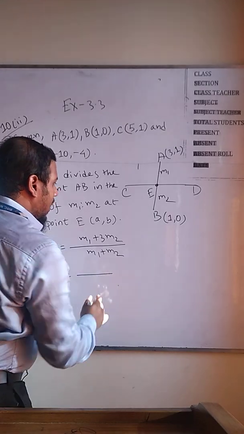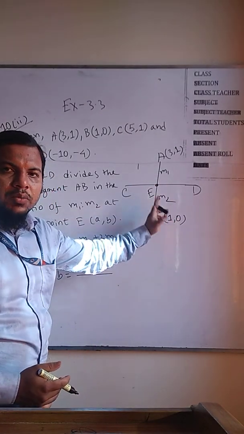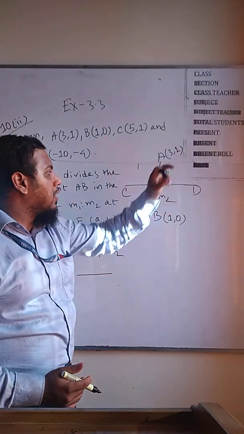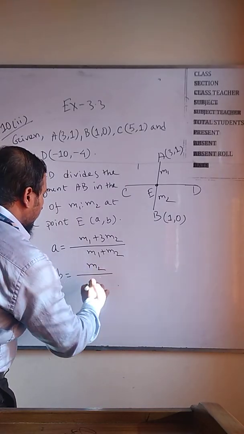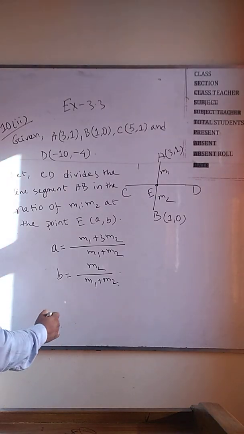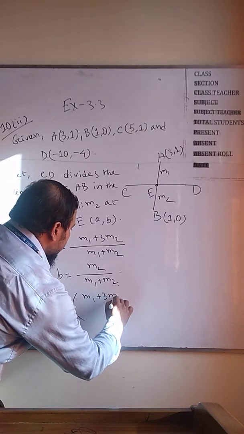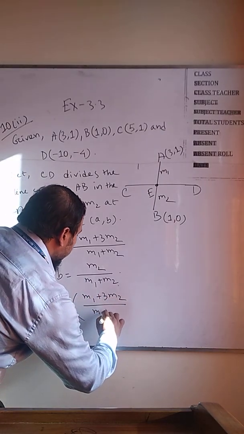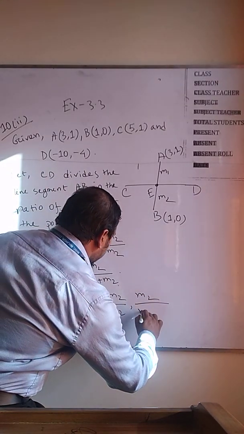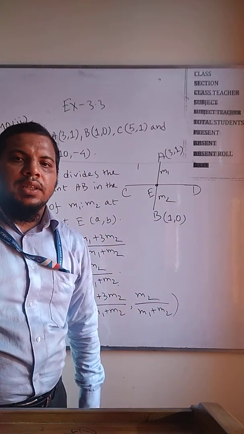For the y-coordinate, M1 into 0, so no need to write anything, and M2 into 1, so M2 divided by M1 plus M2. So we get our point E as ((M1 + 3M2)/(M1 + M2), M2/(M1 + M2)).